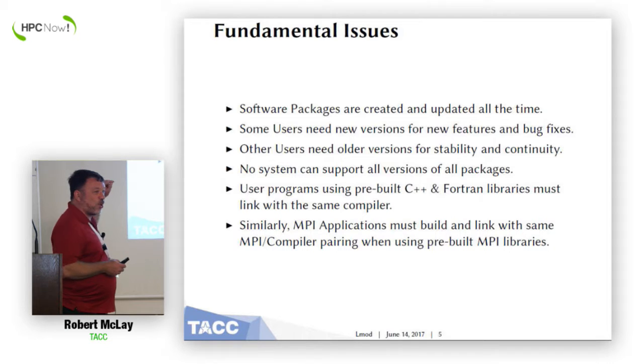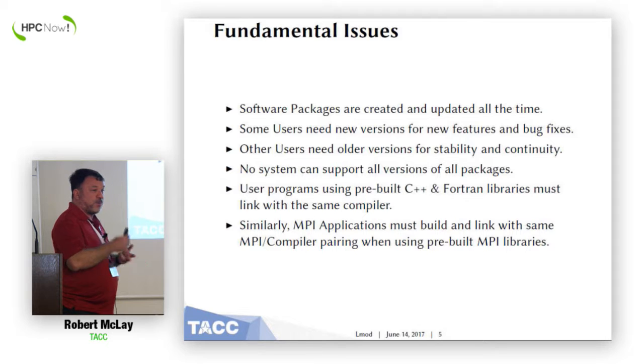But no system can install all versions of everything, so you have to limit what your choices are. The real problem is that user programs pre-built with C++ or Fortran, or user programs using pre-built libraries that are in C++ or Fortran, must link with the same compiler.